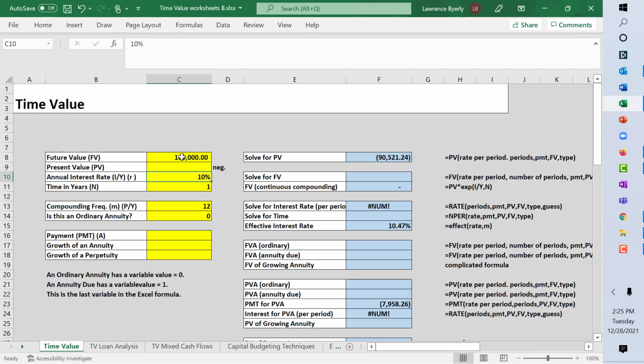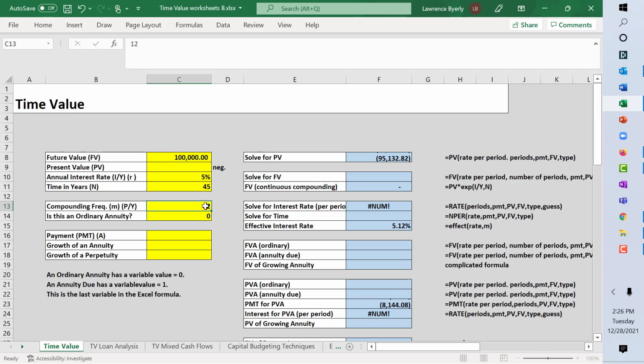First of all, we'd like to know something about inflation. Right now, inflation's a little on the high side, so let's say inflation is 5%. You're going to get the first $100,000 when you're 65. Again, let's assume you're 20. 65 minus 20 is 45 years.